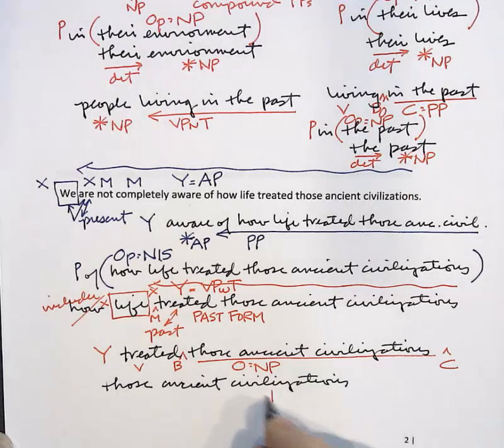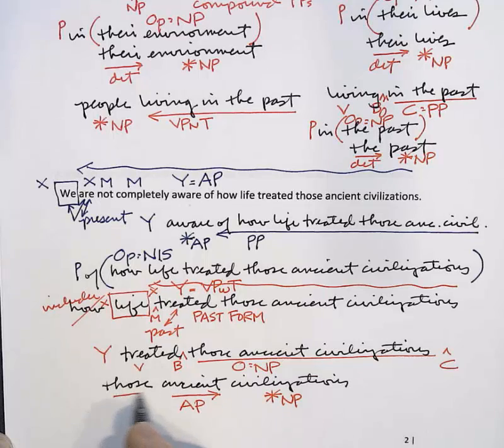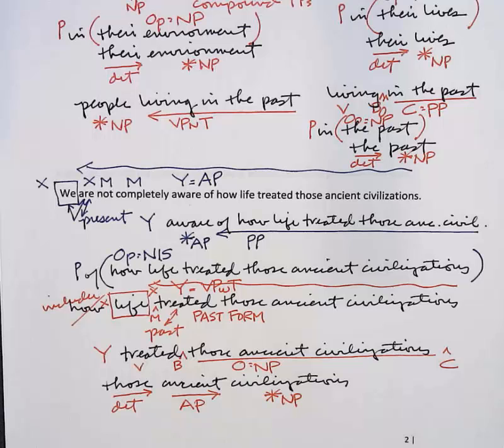Civilizations is the noun phrase head. Ancient is a modifier, it's an adjective phrase, and those is a determiner. Those ancient civilizations are already down to the individual words, so we're done.